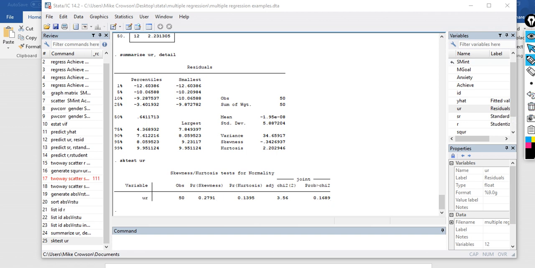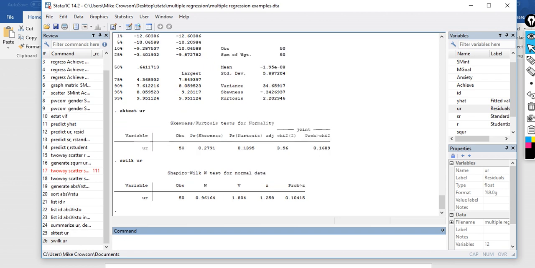Another test that you could use is the Shapiro-Wilk test. That's another test for normality. If I just type in swilk and then the name of the variable, there it is. That's yet another significance test to determine if your data are departing substantially from normality.